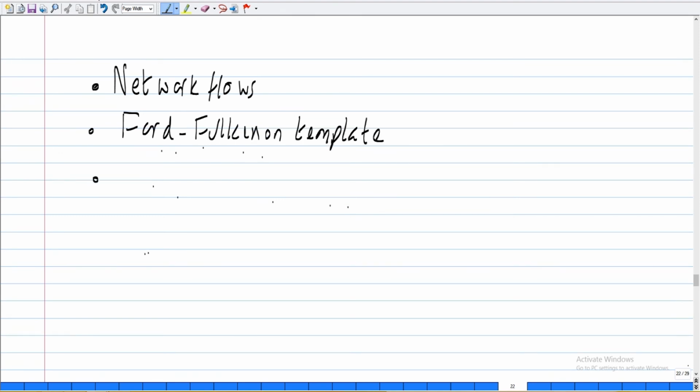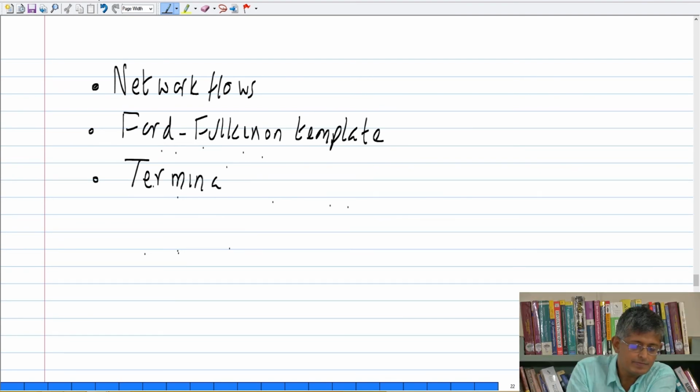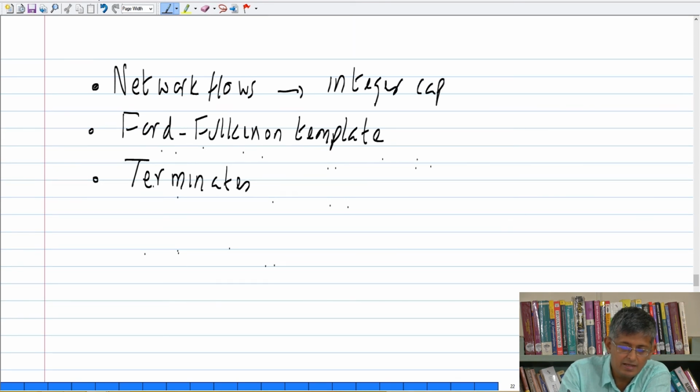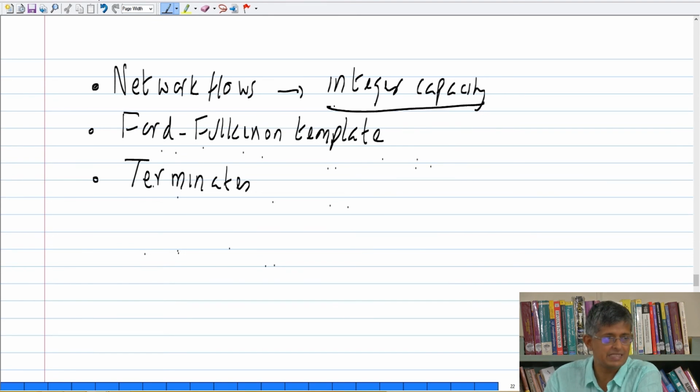We argued that it terminates for integer capacities. Keep this in mind when you read a standard textbook like Cormen, Leiserson: you will see that the capacities can be real numbers, for which the Ford-Fulkerson algorithm will not terminate. There are examples of flow networks.